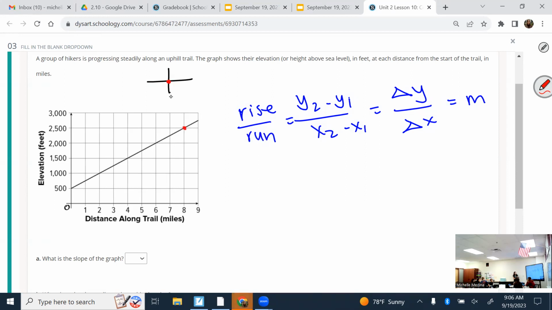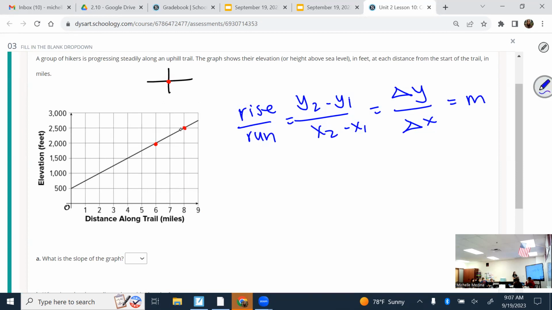Because if I pick this one, which I'll mark in green, I would have to estimate it, and I'd rather not, because that might throw off my numbers a little bit. So I'll take this one that I marked in red and this other one. When you find two points, they can be anywhere, far apart or close together. Closer is probably a bit easier because then you'll have to do less reducing.